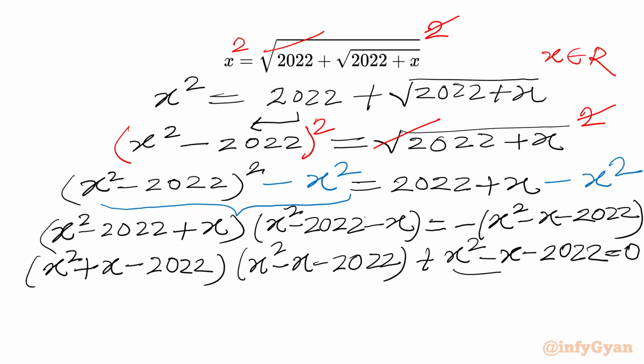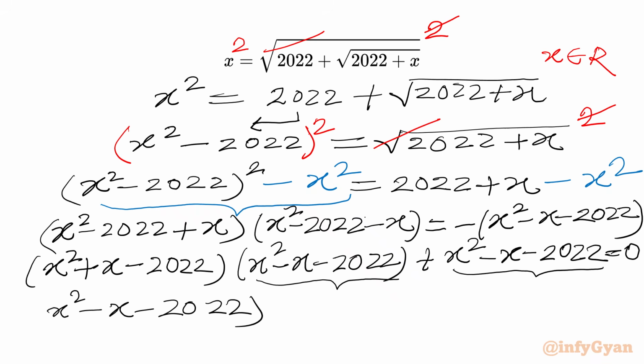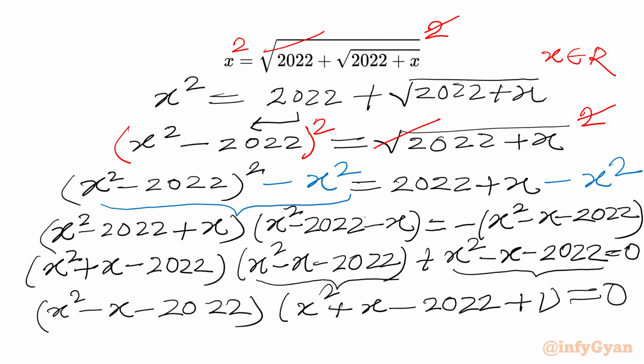Now we have x square minus x minus 2022 overall common. So we'll write x square minus x minus 2022 overall common. So in the other bracket we will get x square plus x minus 2022 plus 1 equal to 0.